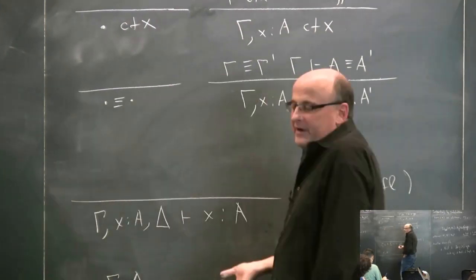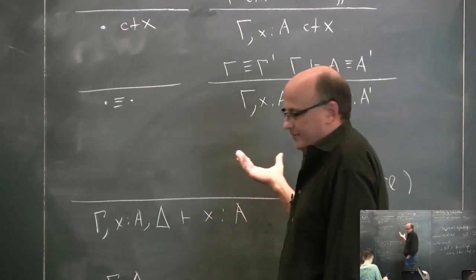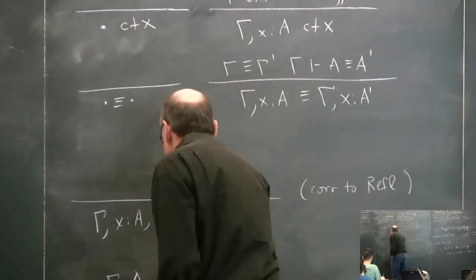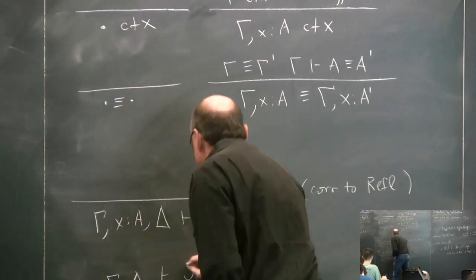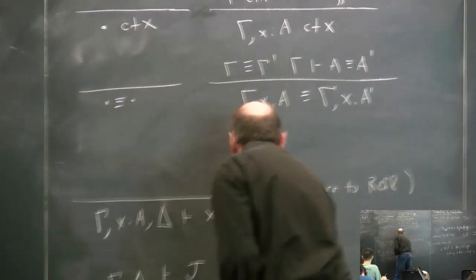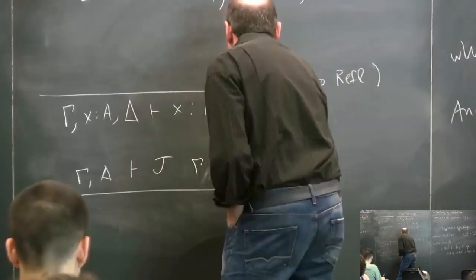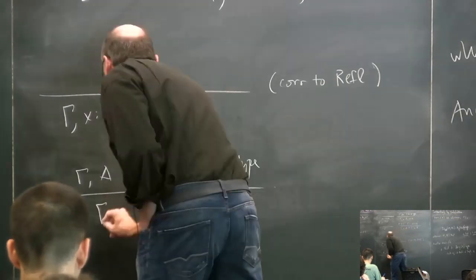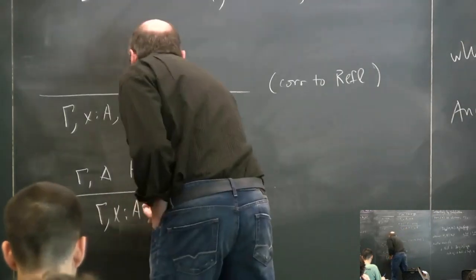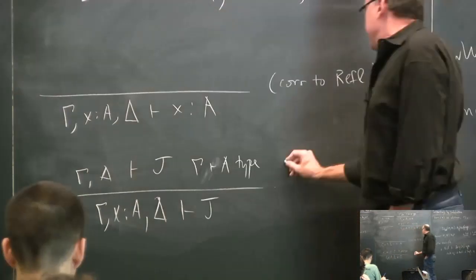Again, which rules I write down in what order is utterly arbitrary because there's no order, okay? So I'll just write this one down. And I'll write J here for any of these judgments on the right. If A is a type here, then I will just assert that you can stuff a variable in the middle and still get J. And this is weakening.